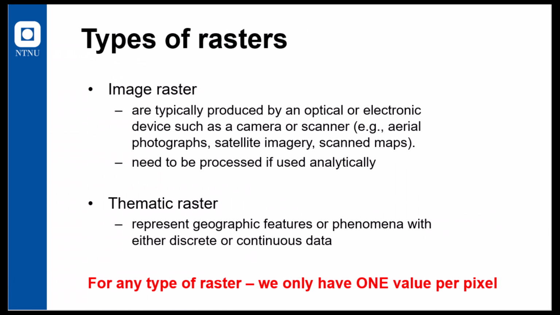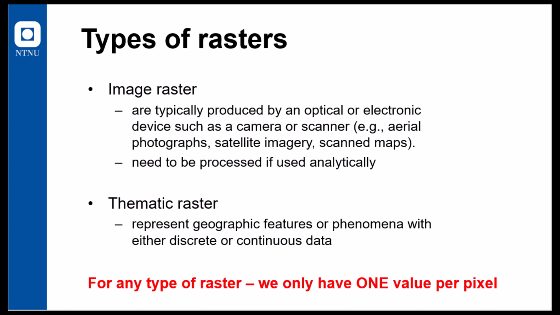We have different types of rasters. Typically, these are divided into either image raster or thematic raster. Image rasters are those rasters produced by an optical or electronic device, such as a camera or a scanner. Aerial photographs and satellite imagery are image rasters.